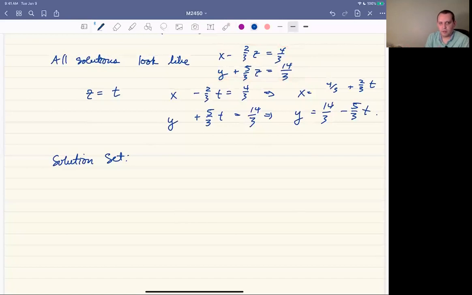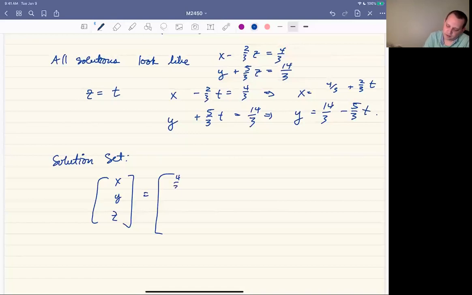So we're going to talk about our solution set being all the points x, y, and z, where x has to be of the form 4/3 plus 2/3 t, y has to be of the form 14/3 minus 5/3 t, and z is t.